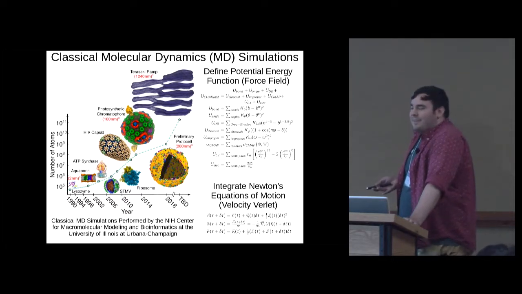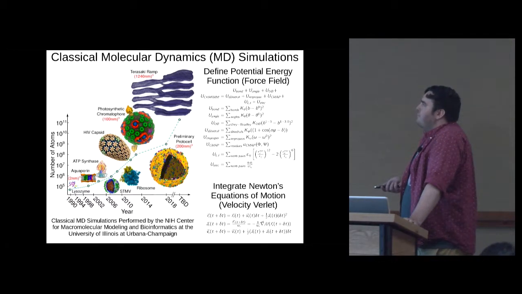I don't think most people in this audience needs an introduction to MD, so I won't dwell on this, but briefly, MD works by defining a potential energy function called a force field. There are a variety of terms in the force field that hope to capture the atomic interactions.